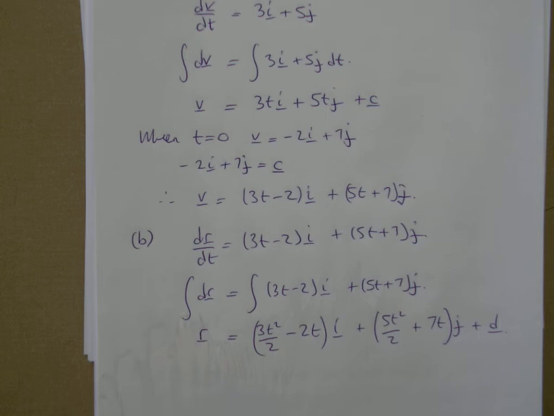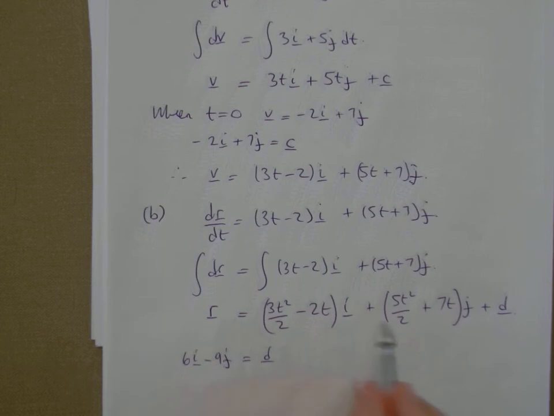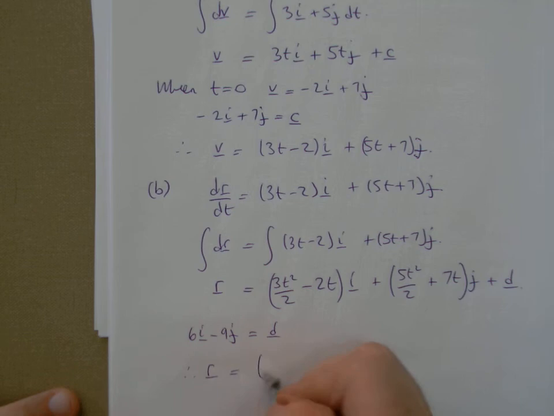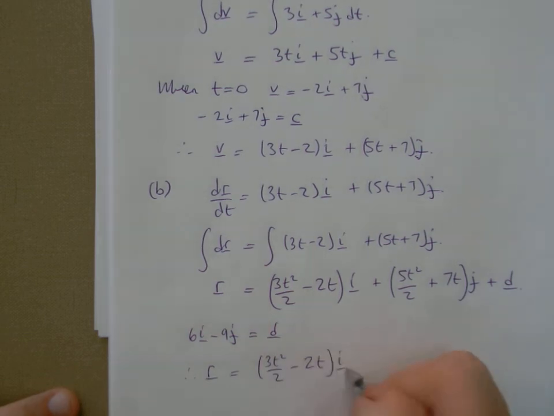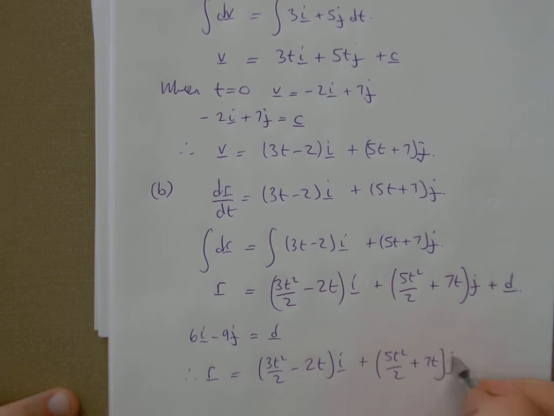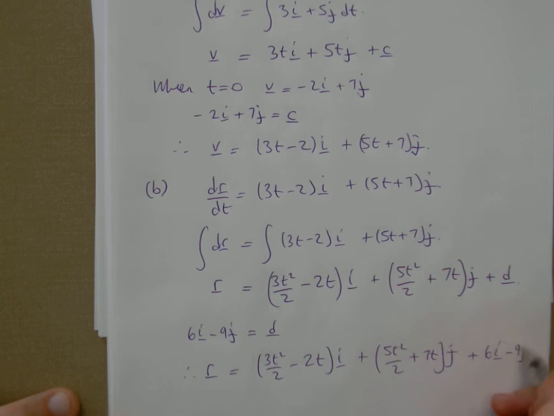So then we're told when t is 0, r is 6i minus 9j. So that's what d will equal, effectively, because when t is 0, that's what r is. So then we say, therefore, r is equal to 3t squared over 2 minus 2t i plus 5t squared over 2 plus 7t j plus 6i minus 9j.